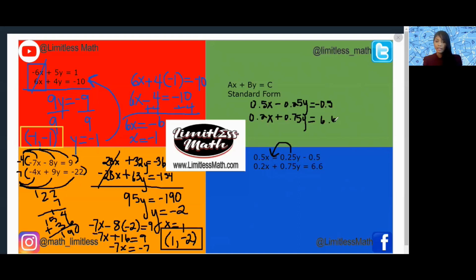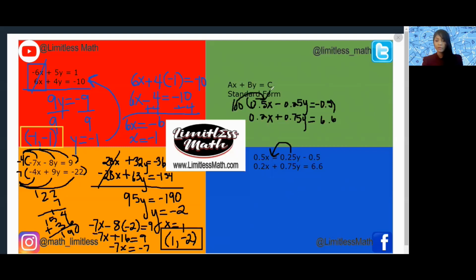As I'm looking ahead at this problem, I see decimals with one decimal place, but then in the middle, the y coefficients have two decimal places. So to change everything to whole numbers, I'm going to multiply both of these equations by 100. Why am I doing that? Because there were 2 decimal places. 100 has 2 zeros. When I multiply by 100, those numbers will turn into whole numbers.